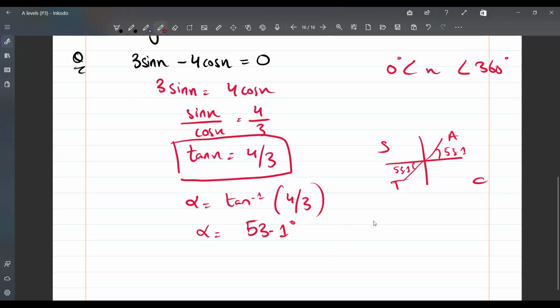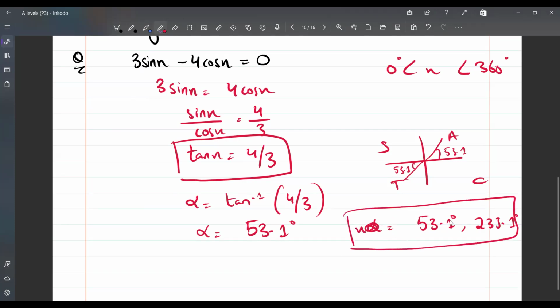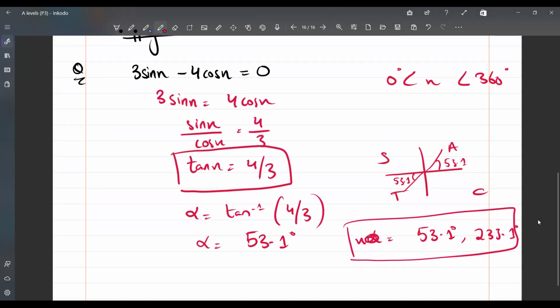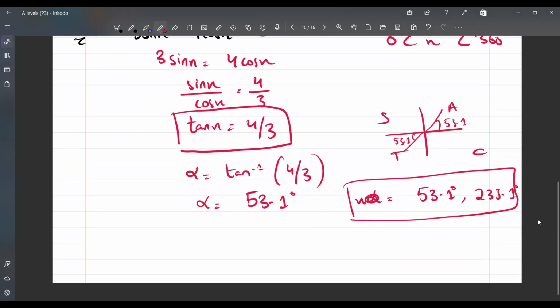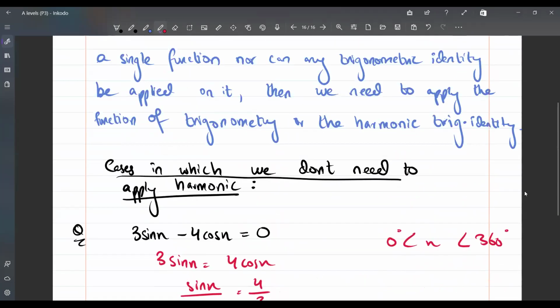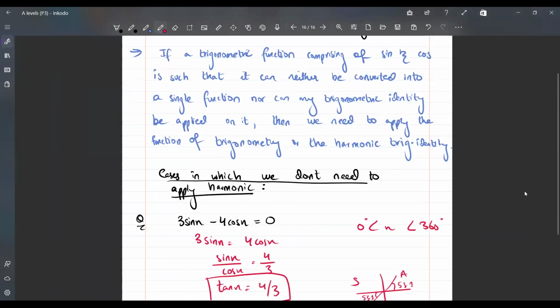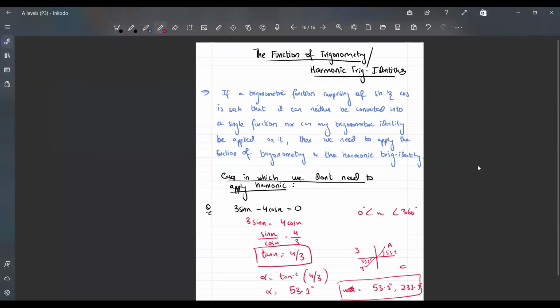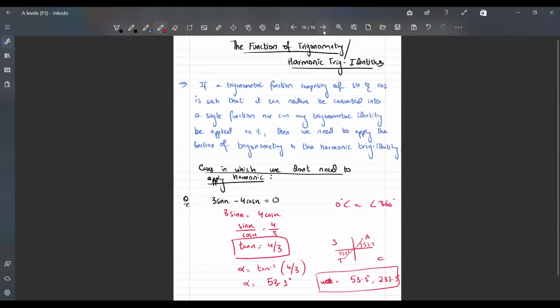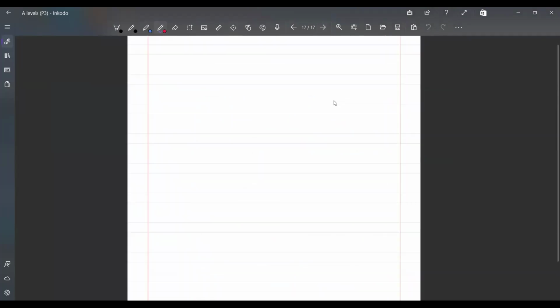So we have angles of 53.1 and 233.1 degrees. X is this. So in this case, we did not need to apply harmonic because, as we studied, this function is such that it can be converted into a single function. So let's just look at two more cases in which we do not need to apply harmonic identities, and then we will study when we do need to apply harmonic identities.